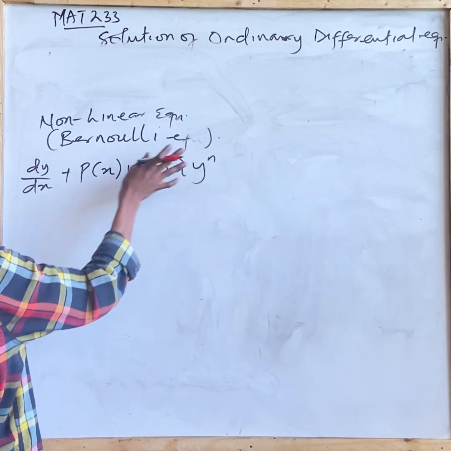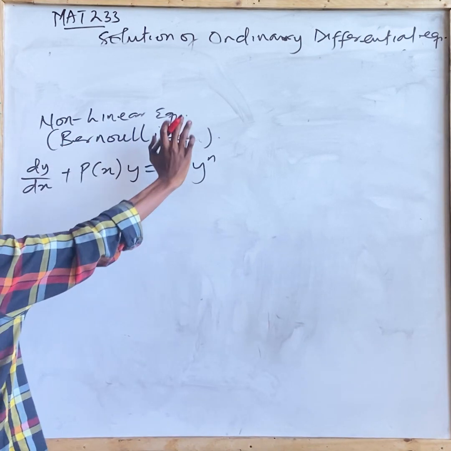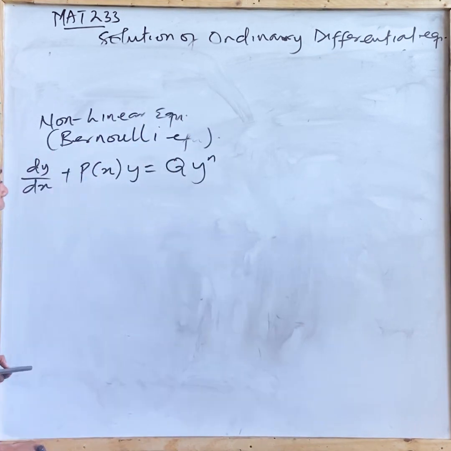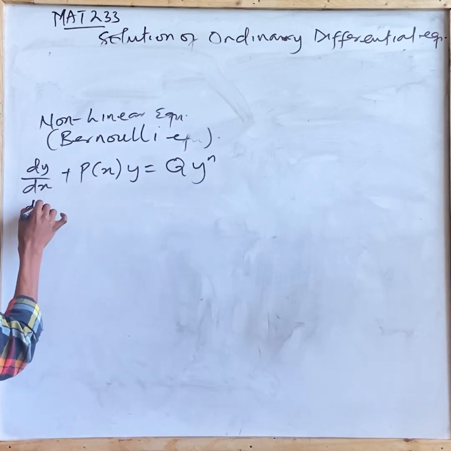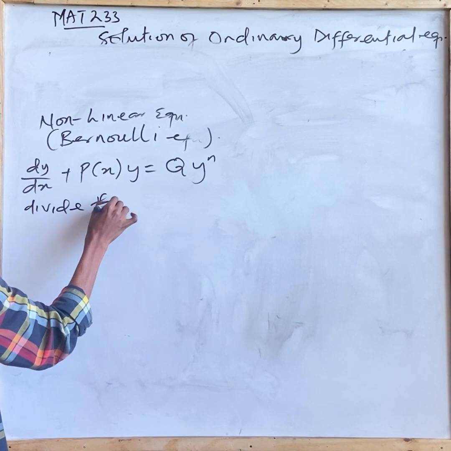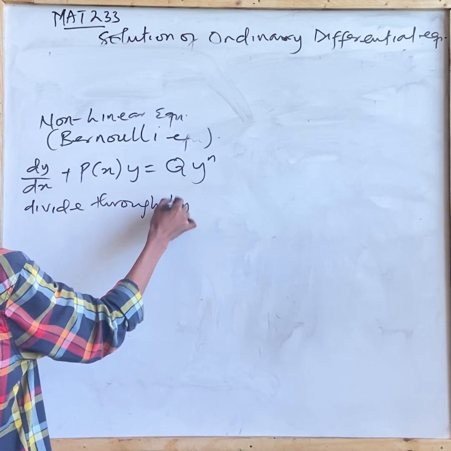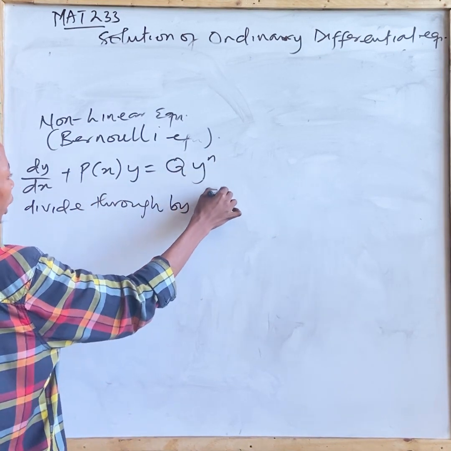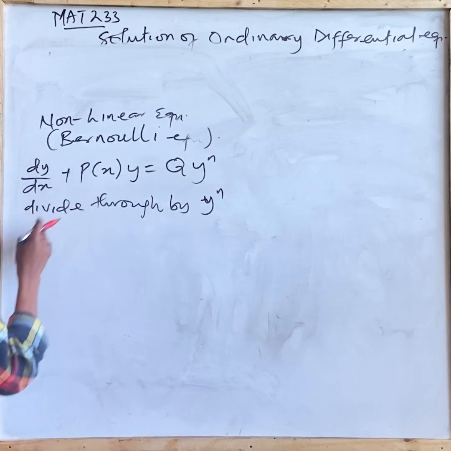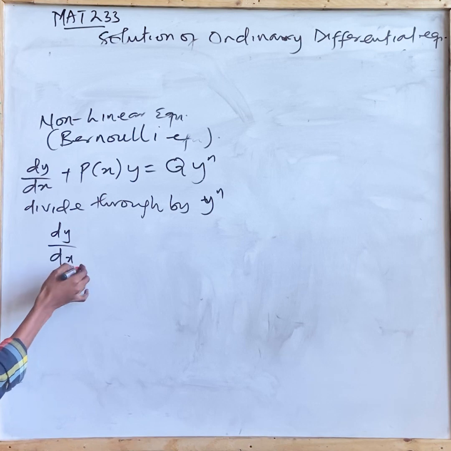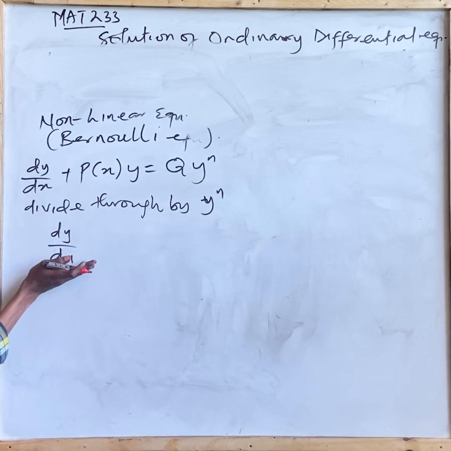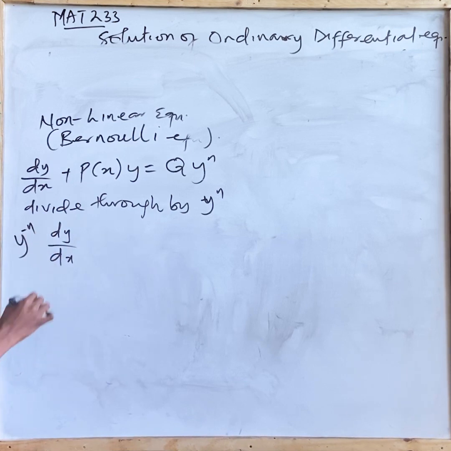The first thing is that the equation has to be in this form. Then we divide through by the last thing that is here, by y raised to power n. So if I divide through by y raised to power n, this side I'm going to have dy/dx over y raised to power n, but instead of putting another fraction here, I'll just put y to the minus n, which is like 1 over y raised to power n.